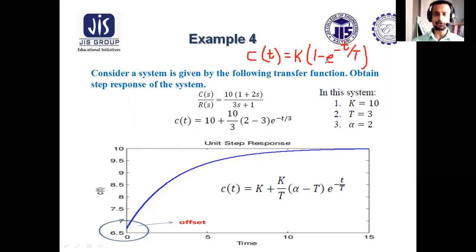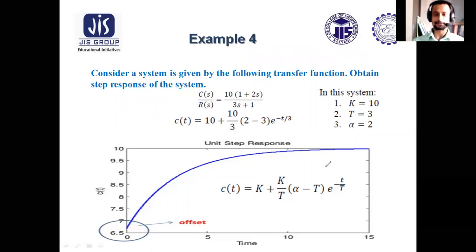When t equals 0, e to the power 0 will be 1, so C(t) is 0. So when there is no zero involved in the first order system, the response will be like this. But due to the presence of this zero term, the response starts from a magnitude of around 6.7. So there is an offset in magnitude. This is the offset.